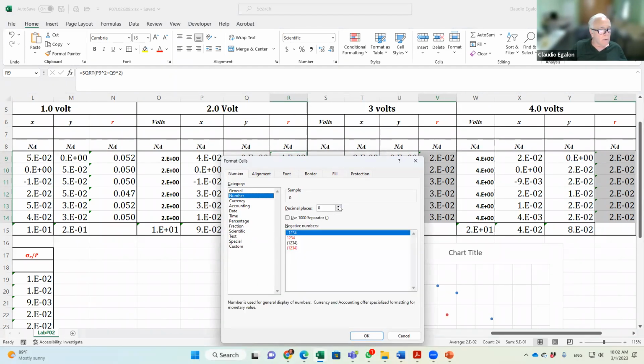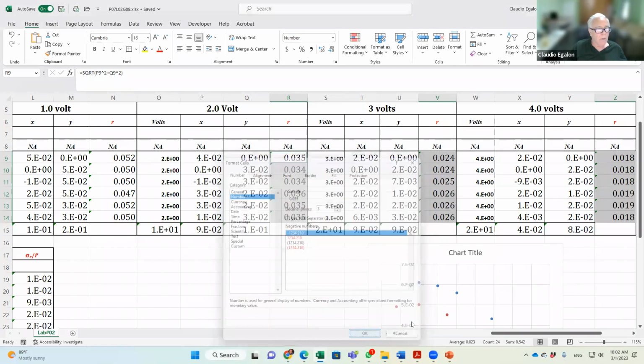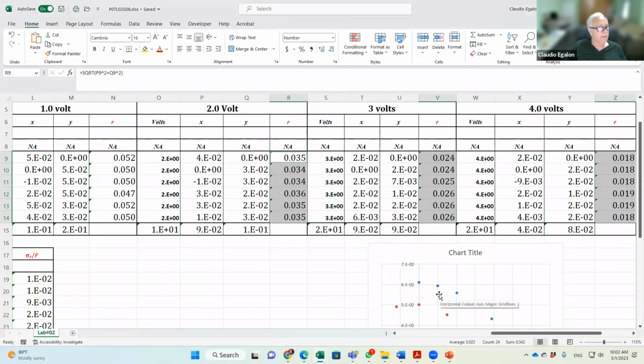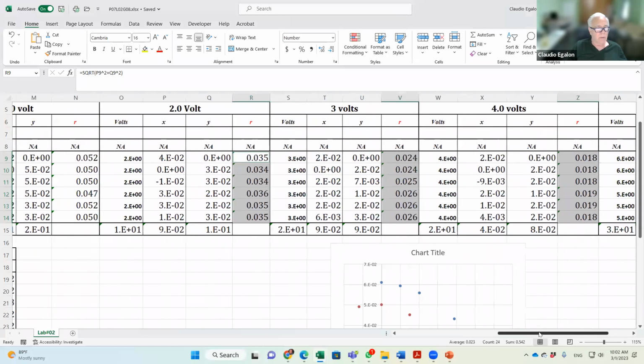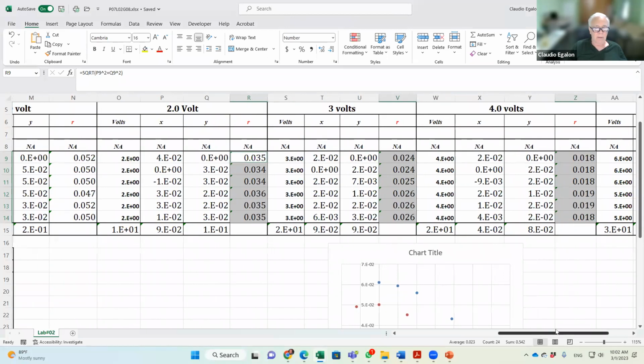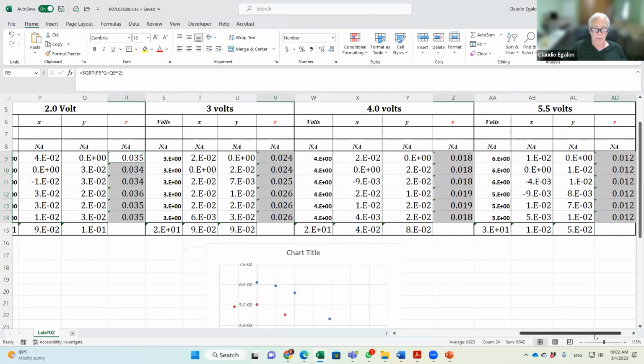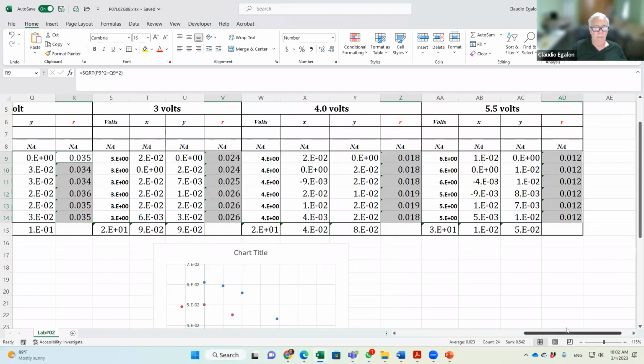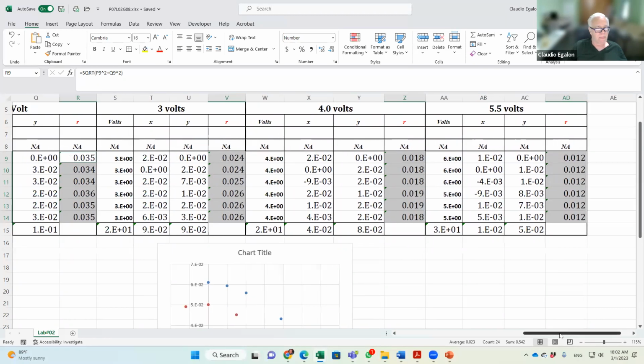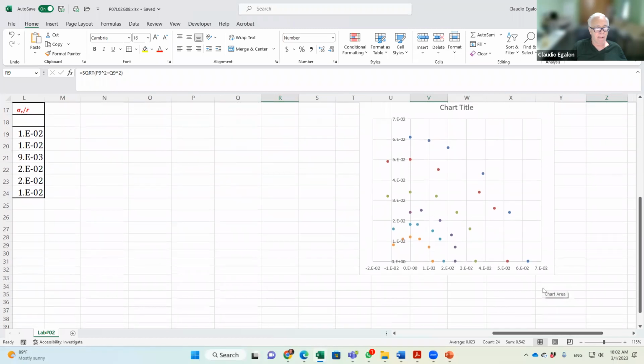Okay, 3.5 centimeter, 2.4 centimeter, almost 2, 1.2. That's what those radii are all about.